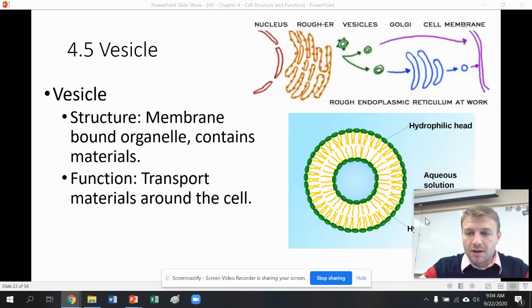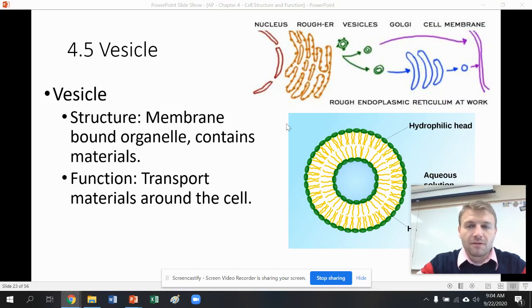Now, I used the term vesicle a lot in the last couple slides. A vesicle is just a membrane-bound sphere within the cell. These organelles contain materials and things the cell is going to need, and they're kind of transporters. Think of a UPS truck here. The UPS truck is going to take things from one facility to the next to the final destination, which might be your house.